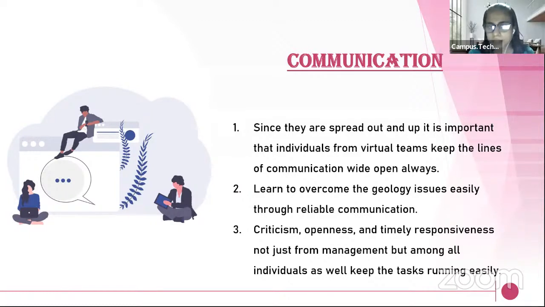Since they are spread out, it is important that individuals from various teams keep the line of communication wide open always.